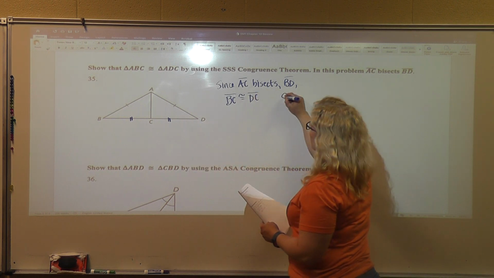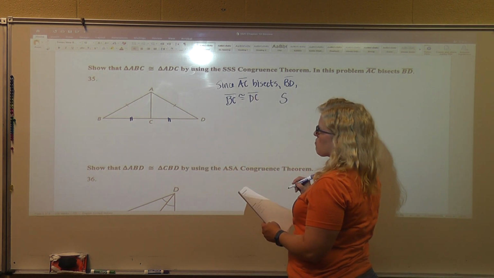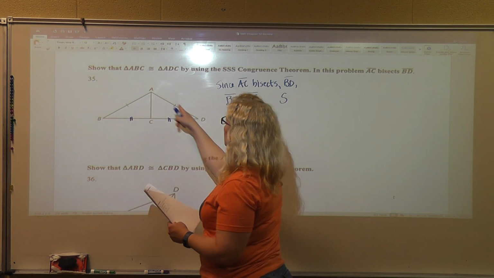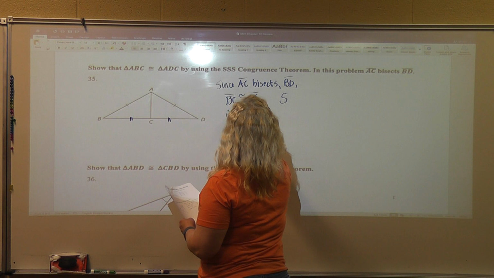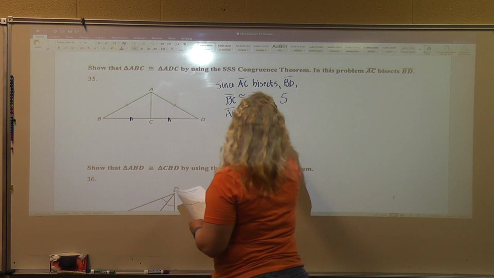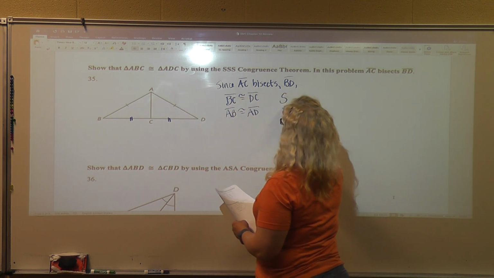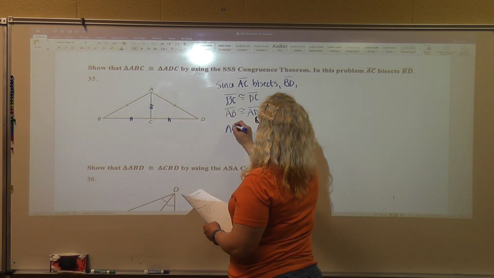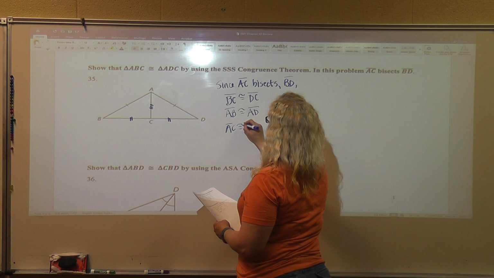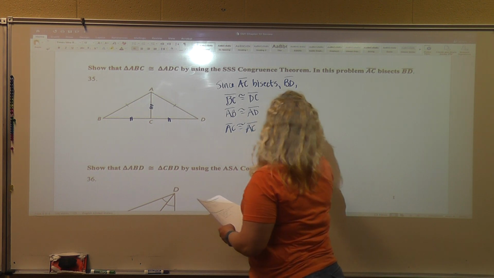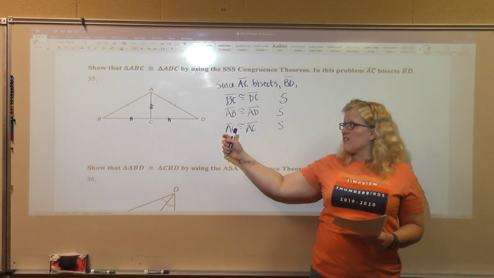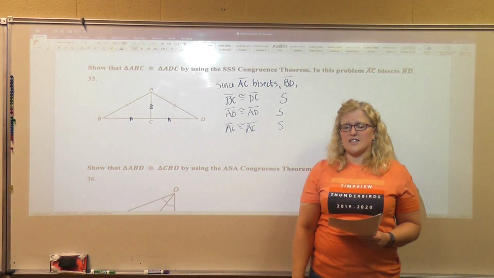So that's one of our sides, okay? Also, we know that AB is congruent to AD. So that's another side. And then we know that AC is congruent to itself. And that's my third side. So this is how I showed that these two triangles are congruent by the side, side, side theorem.